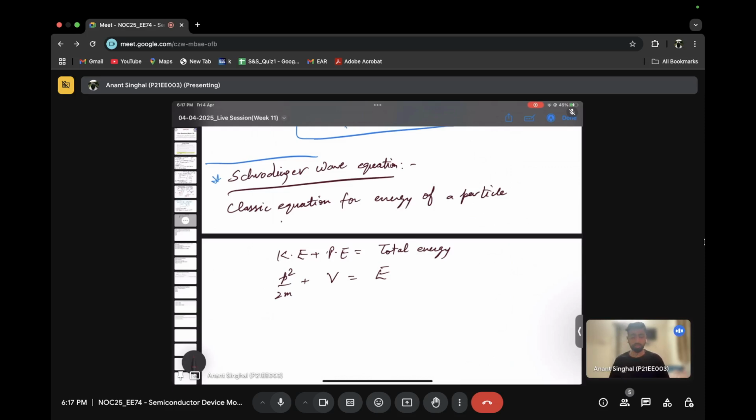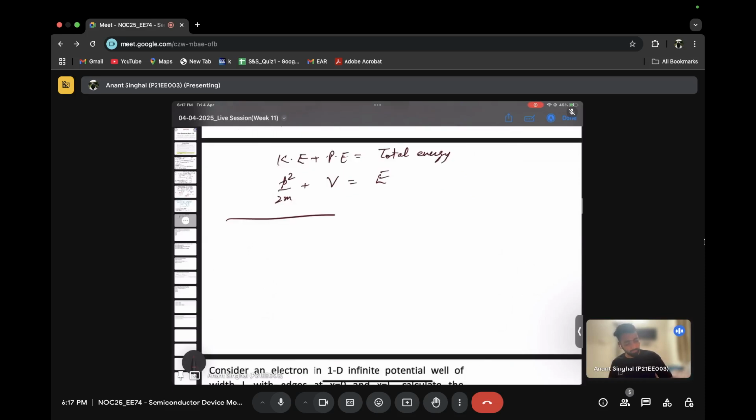But in quantum physics, we have operators and the wave function. For these variables, the operators act on a wave function, which is given by the Schrodinger equation: minus ħ squared by 2m d2 psi by dx2, which is the kinetic energy operator I just told you, plus Vψ equals Eψ. Make sense?